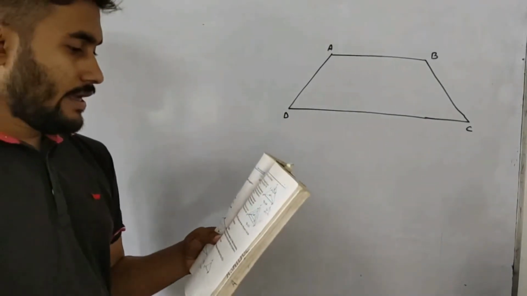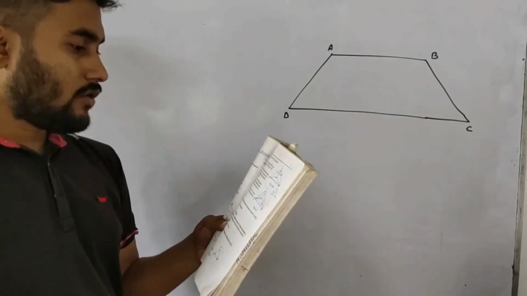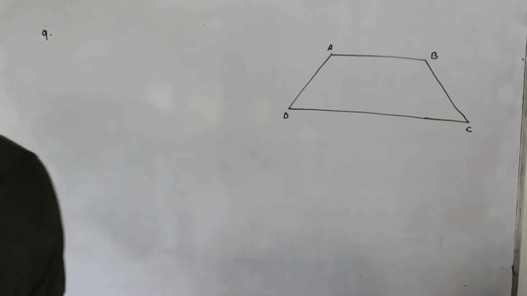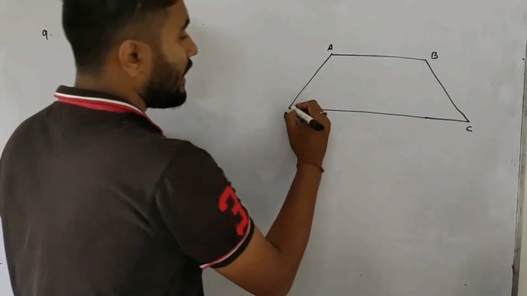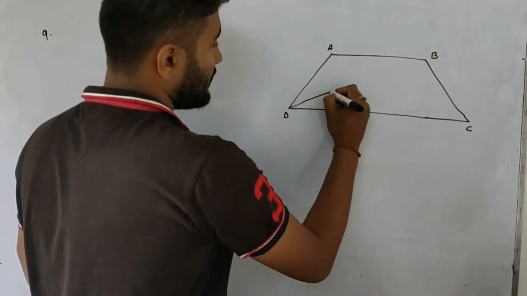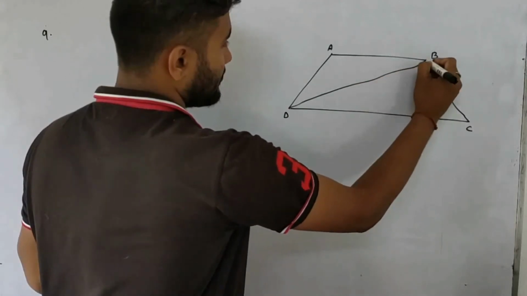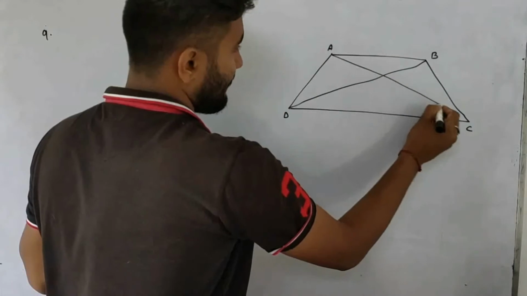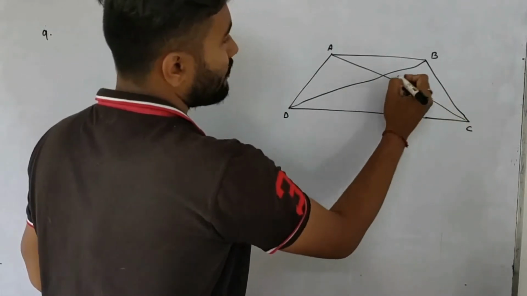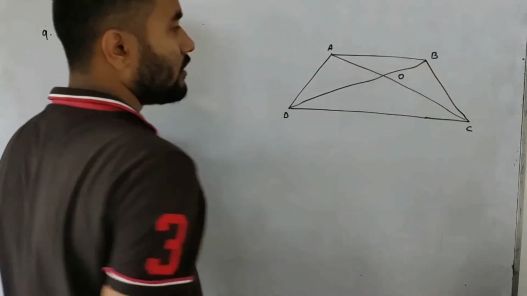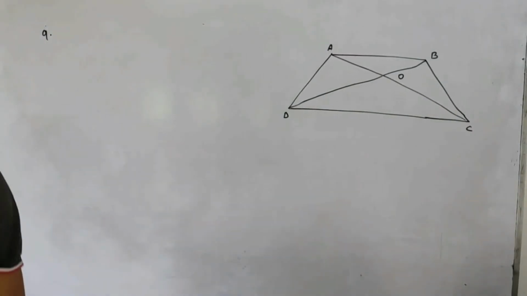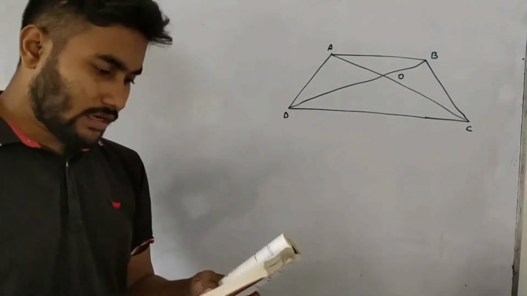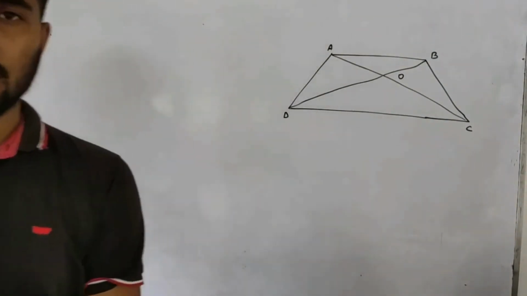And its diagonals intersect each other at point O. Join the diagonals, and its diagonals intersect each other at point O. Show that AO by BO is equal to CO by DO. That one we have to show.